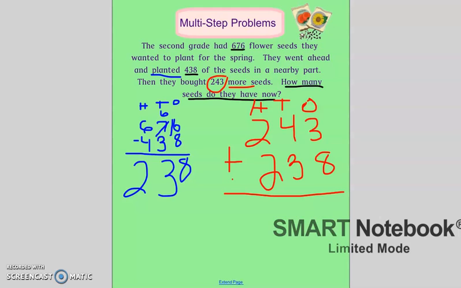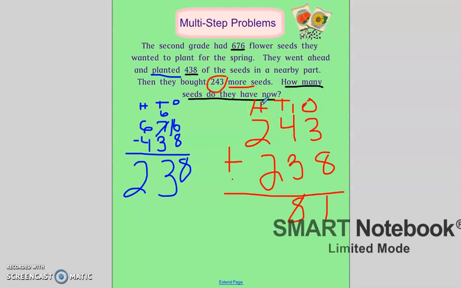Remember to start with our ones place first, right over here. 3 plus 8 is, if you said 11, you are correct. 1, and regroup that 1 on the tens place. 4 plus 1 is 5. 5 plus 3 is, if you said 8, you got it.